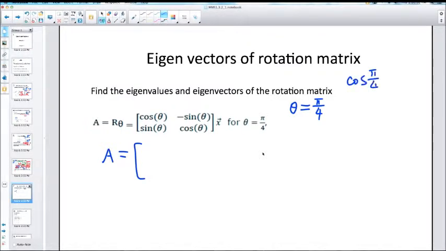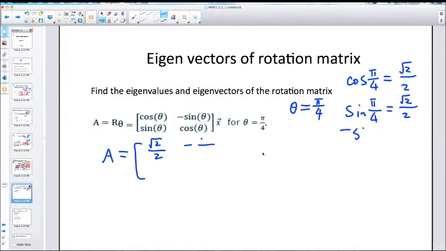Cosine pi over 4, we know, is the square root of 2 over 2. Sine pi over 4 is also the square root of 2 over 2. The negative sign is negative square root of 2 over 2. Then I put it here: square root of 2 over 2, negative square root of 2 over 2, the same, the same. That's the A.